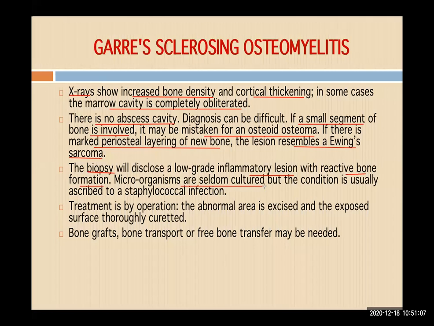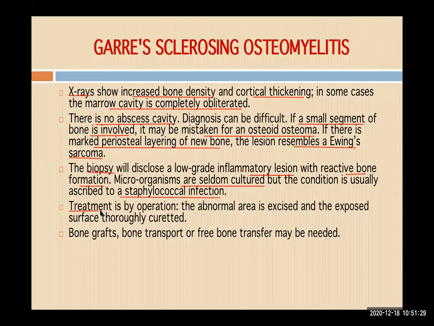Microorganisms are seldom cultured, but the condition is usually ascribed to staphylococcal infection. They are not commonly cultured because the grade of infection is not that high, but it is thought to be due to staphylococcal infection, just like any other bony infection.